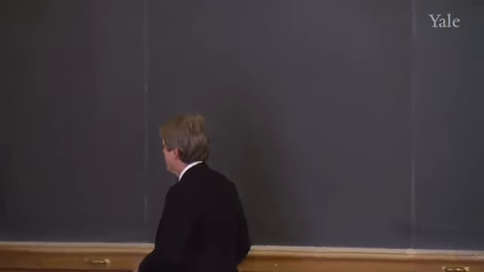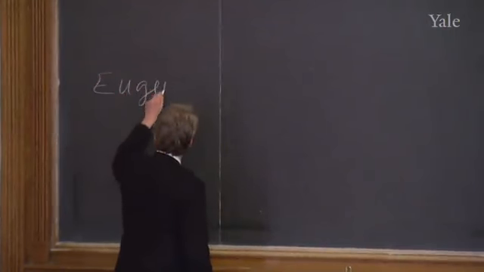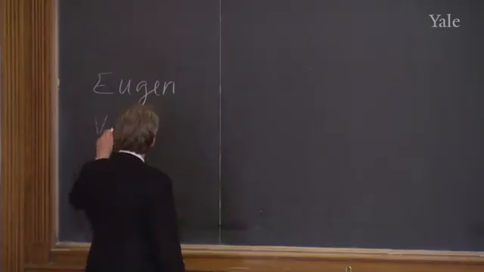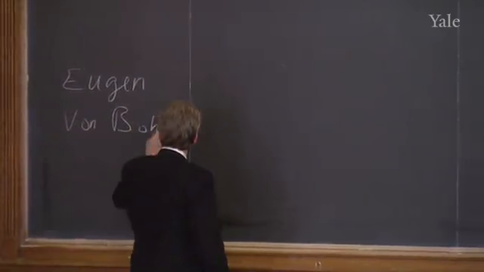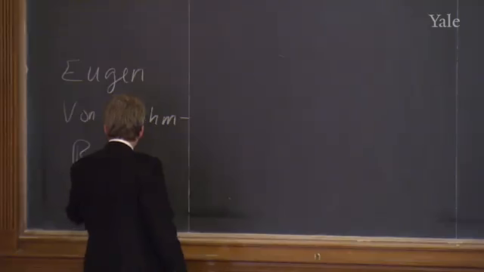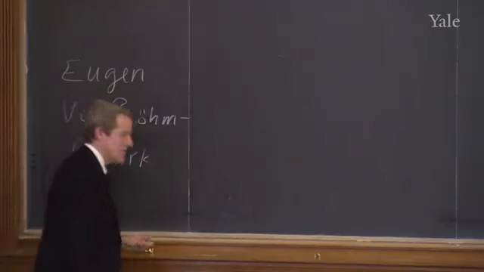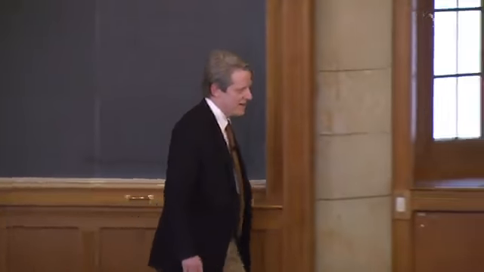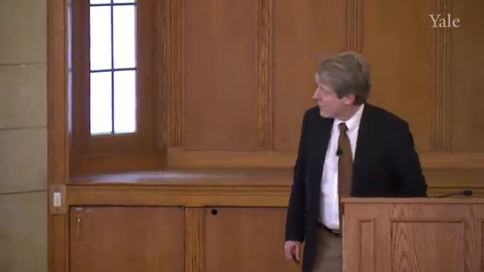So I wanted to start with the history of thought. An economist from the 19th century, Eugen von Bohm-Bawerk, wrote a book on the theory of interest in the late 19th century. Actually, it was 1884.